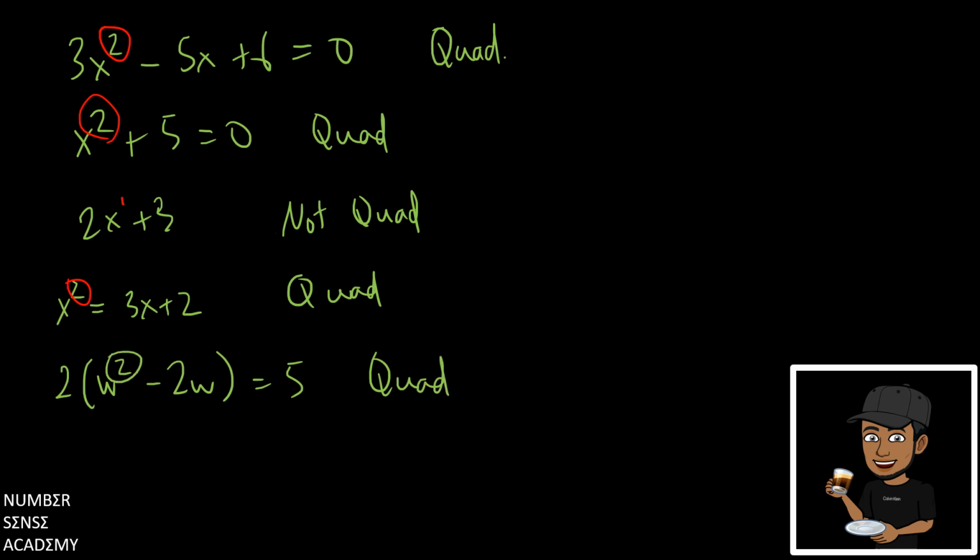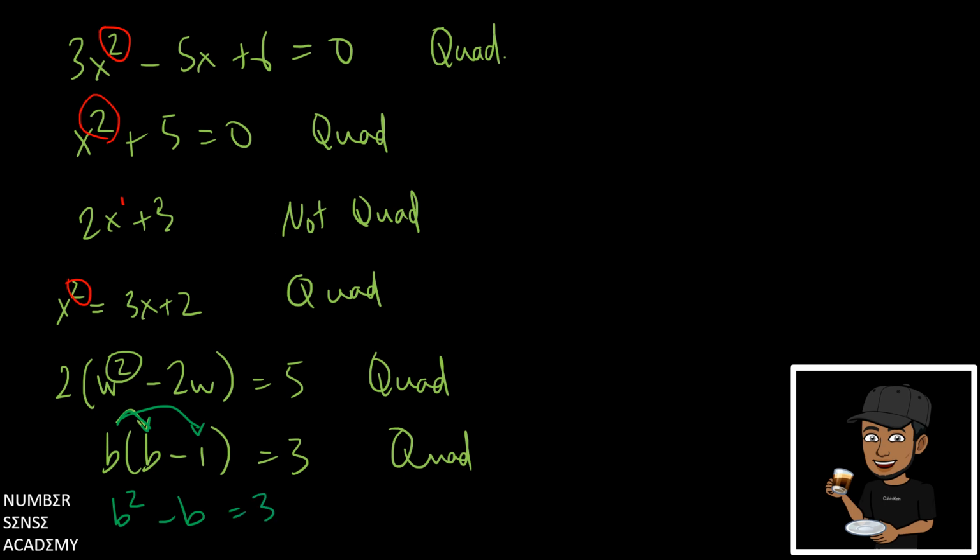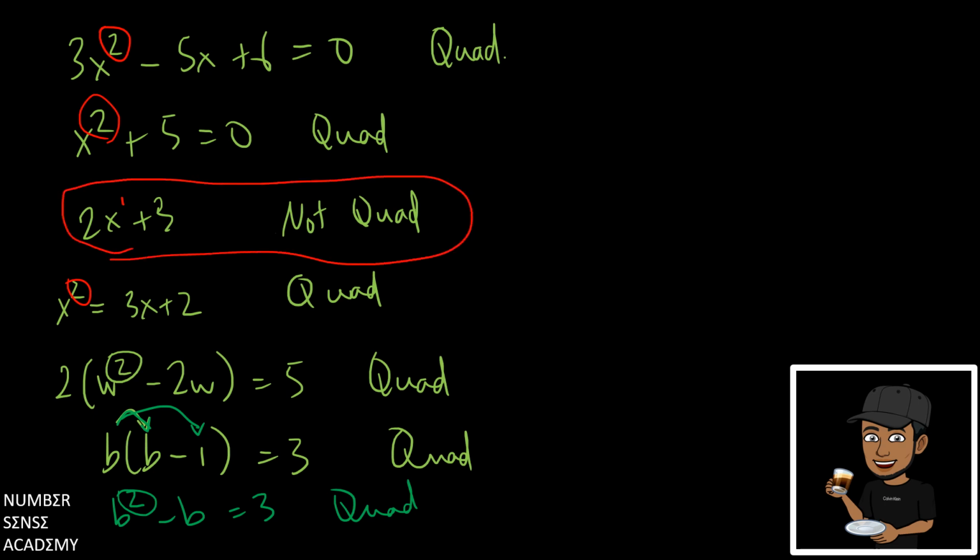And if I have b times b minus 1 is equal to 3, this is also quadratic because I can distribute this b to these two numbers, and I'm going to end up with b squared minus b is equal to 3. And there's my 2. So it is quadratic. The only one that wasn't quadratic was this one, and we know why.